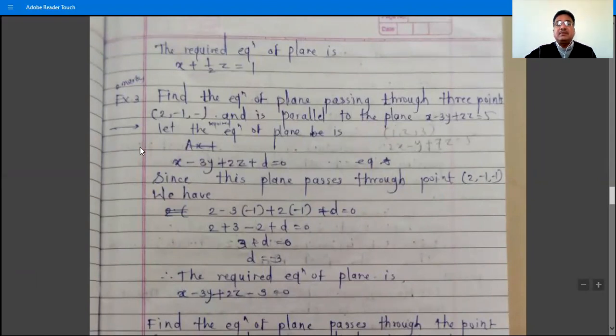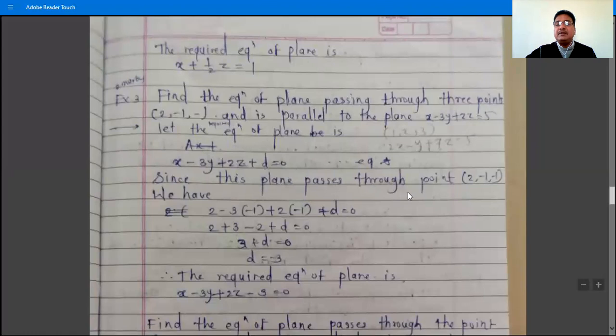So the first sentence is what? Let the required equation of plane be x minus 3y plus 2z plus d is equal to 0. Okay, so as the required plane is parallel to this plane, we take its equation as x minus 3y plus 2z plus d is equal to 0.